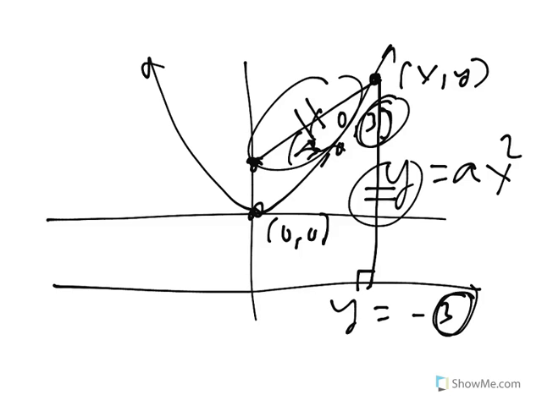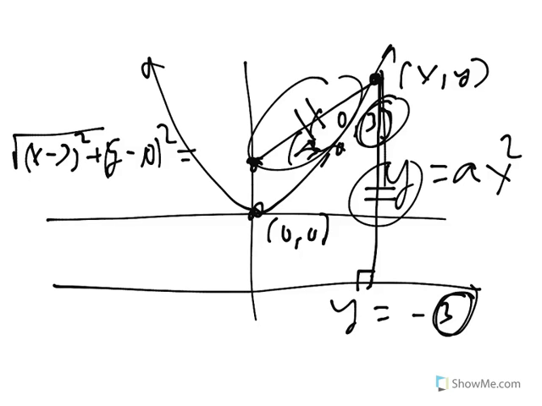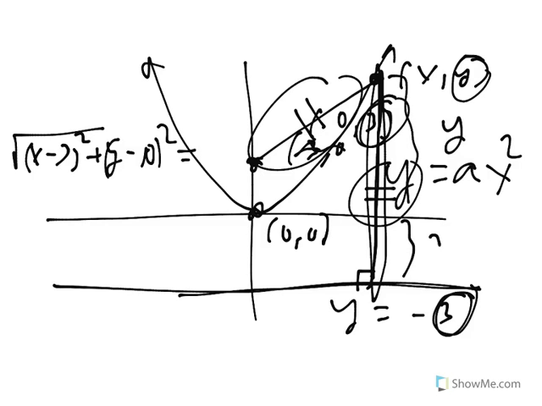The distance from (x, y) to the point (0, 3), using the distance formula, is the square root of x minus 0 squared plus y minus 3 squared. Whereas the distance from (x, y) to y equals negative 3, point to a line can be annoying, but if the line is a horizontal line, it's not very hard. It's just going to be y plus 3.